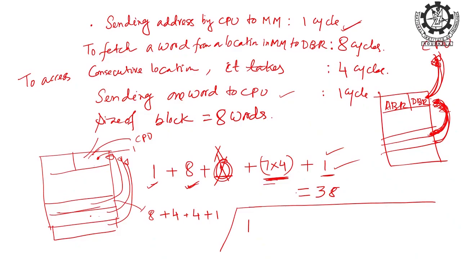Once the address is transferred, the system will identify that each memory module will be accessed. Here the first word from each memory module will take 8 cycles. So, it will be 1 plus 8, and this 8 cycles is not 8, 8, 8, 8, because it is working simultaneously. So, after 8 cycles there will be 4 data across the different memory modules.